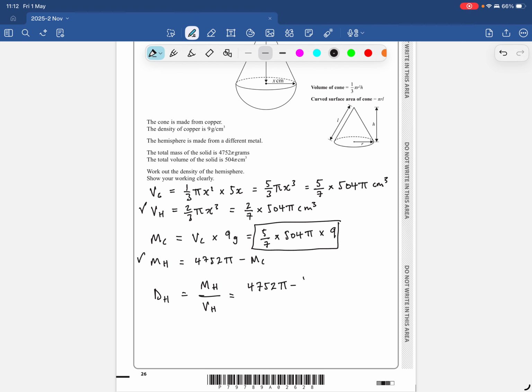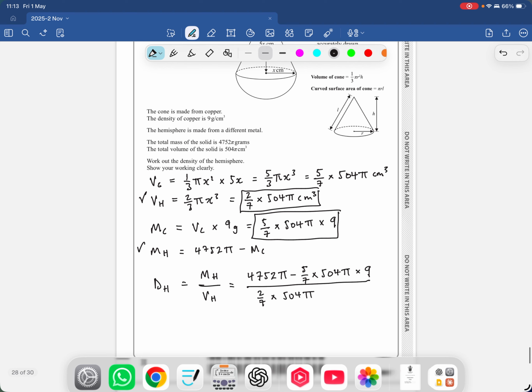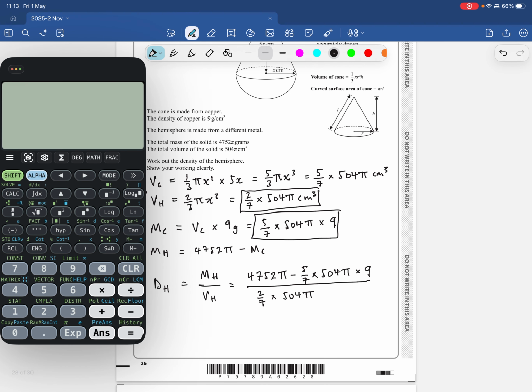So that's 5/7 times 504 pi times 9, and that's divided by the volume of the hemisphere, which is this one, and that's 2/7 times 504 pi. And I'll try sticking that in my calculator and see if we get anything good.